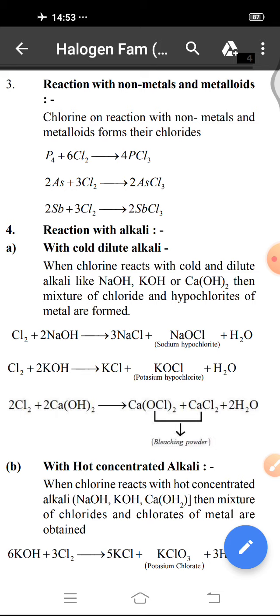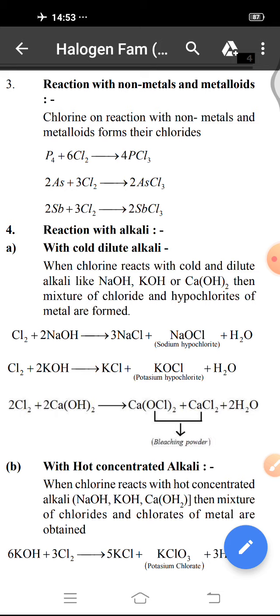So phosphorus is a non-metal. When it reacts with chlorine, it forms PCl3. Arsenic and antimony are metalloids. When they react with chlorine, they form arsenic trichloride and antimony trichloride. So chlorine on reaction with non-metals and metalloids forms their chlorides.